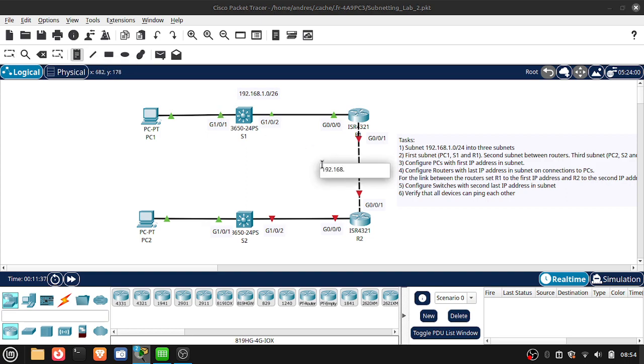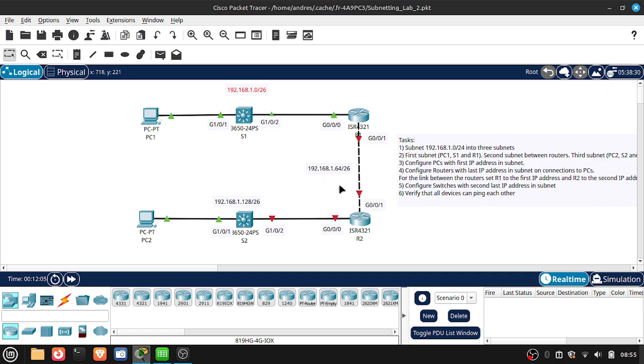This is going to be 64, and this is going to be the last one, this one. That's it. Now we have our 3 subnets.